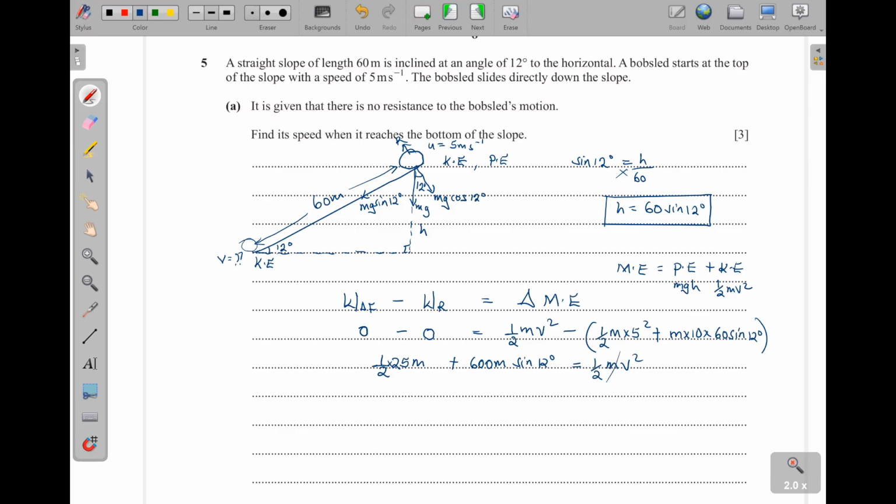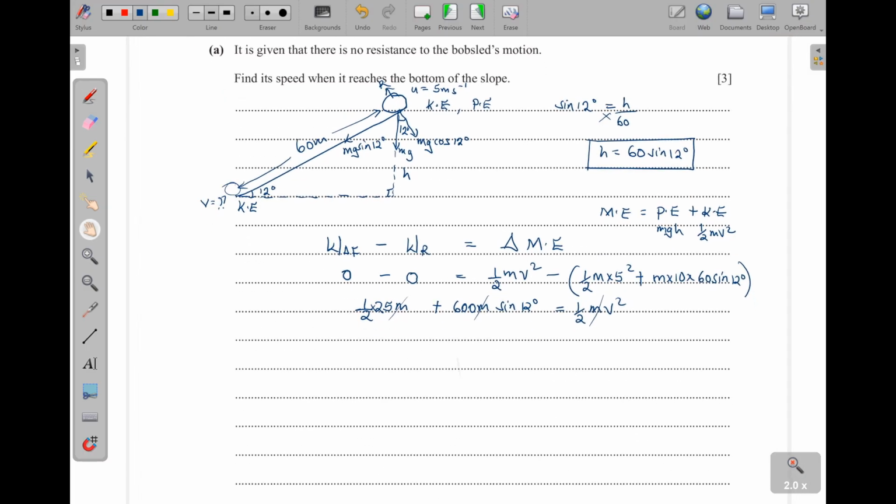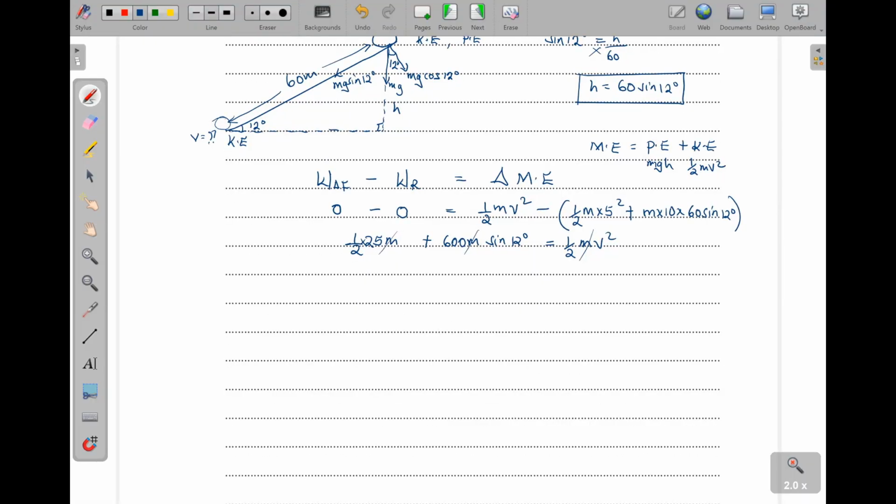Now m can disappear everywhere, and now we can multiply all through by 2. If I multiply all through by 2, I will be eliminating the 2 in the denominator. So this one will be 25, then plus this will be 1200 sine of 12, which is equal to v squared.